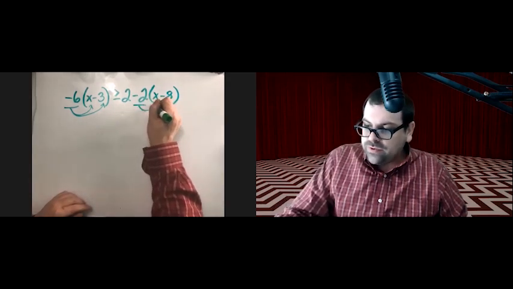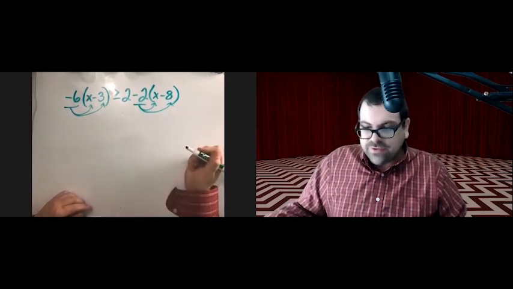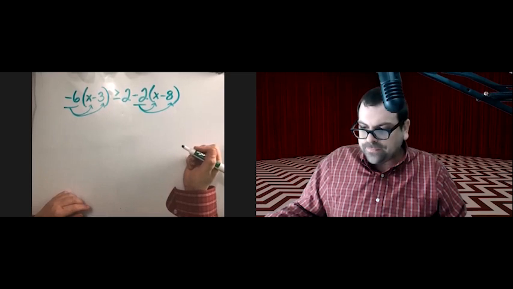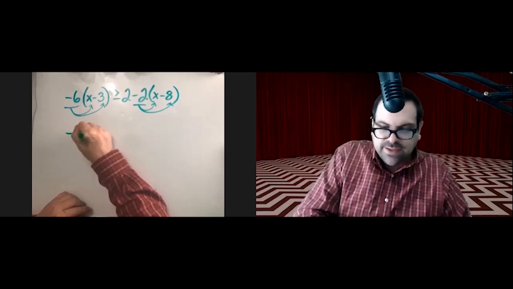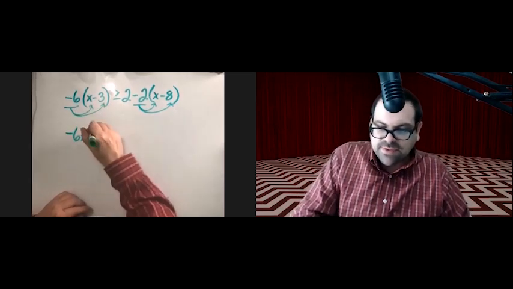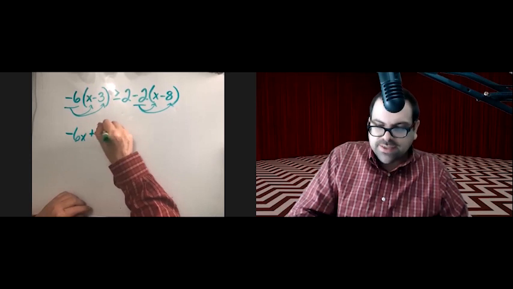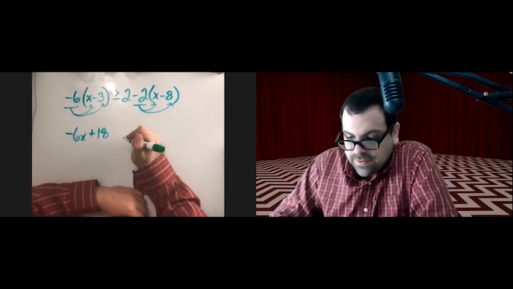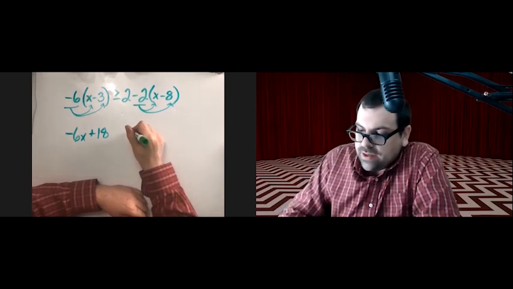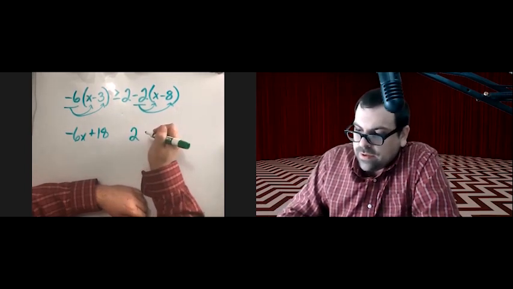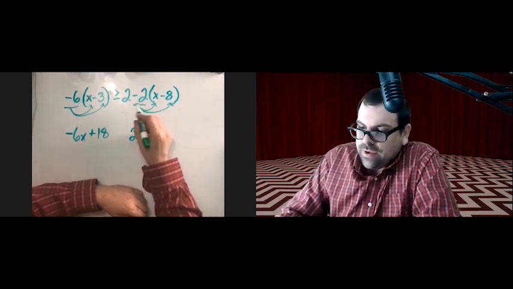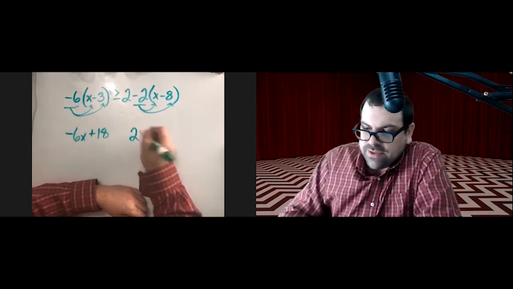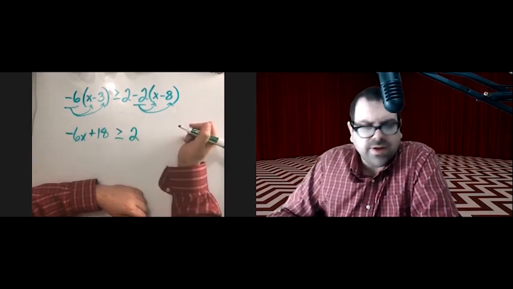Over here, we'll distribute the -2. -6 times x is -6x. -6 times -3, positive 18. On the other side, distributing the -2, bringing down the +2, and this will be greater than or equal to.